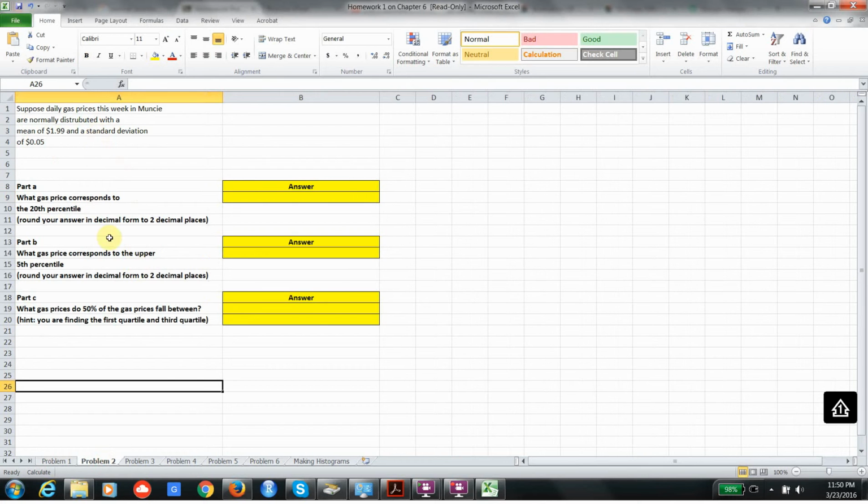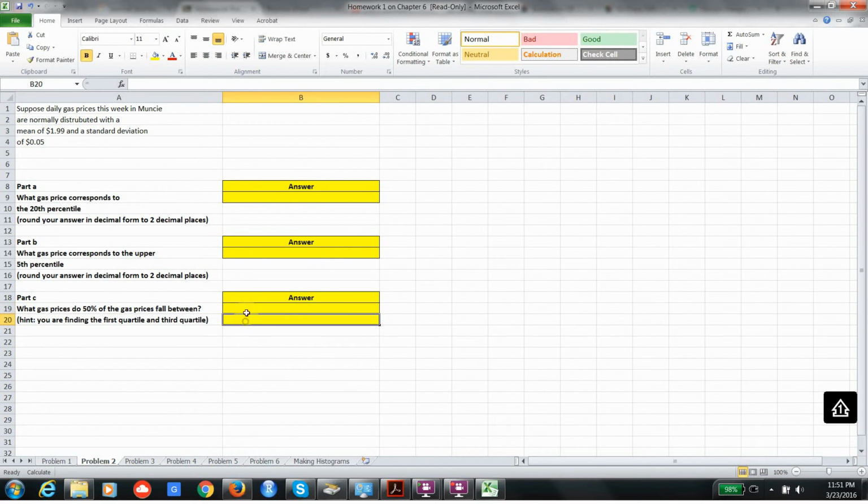Problem 2, it's the same thing with the gas prices, but here you're going from a percentile to a data value. Okay. Notice here I'm asking you about the middle 50% of the gas prices. So I want to know what gas price do the middle 50% of the gas prices fall between. So here you're going to calculate the first quartile and the third quartile.